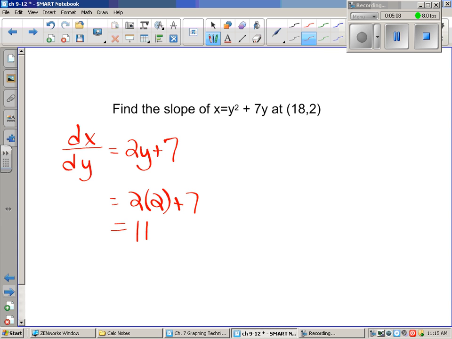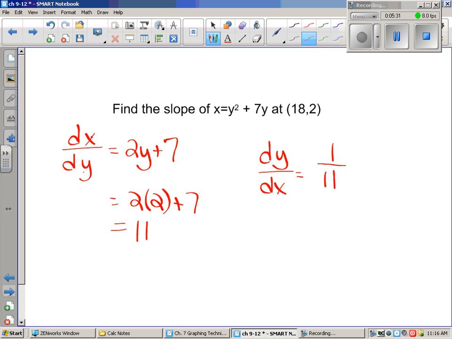But as we talked about on Friday, and as again we're mentioning today, slope is not dx over dy, but is dy over dx. So it becomes absolutely critical that you recognize that it is the change in y over change in x. So how am I going to get what that slope actually is? So it would be 1 over 11.